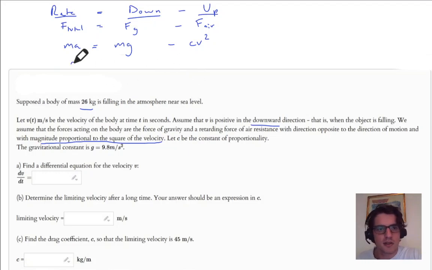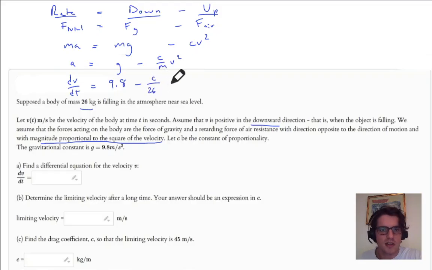That's the only difference. g minus c over m v squared. And we said that a is dv/dt. g is 9.8. C, we don't have C. We have 26 is the mass. And this is the differential equation. That's it for A.